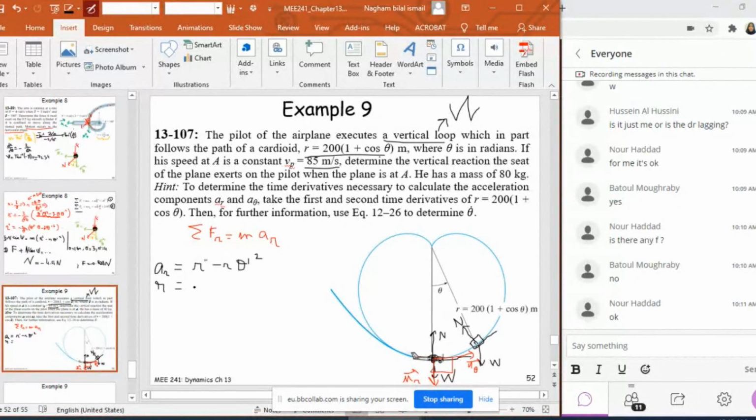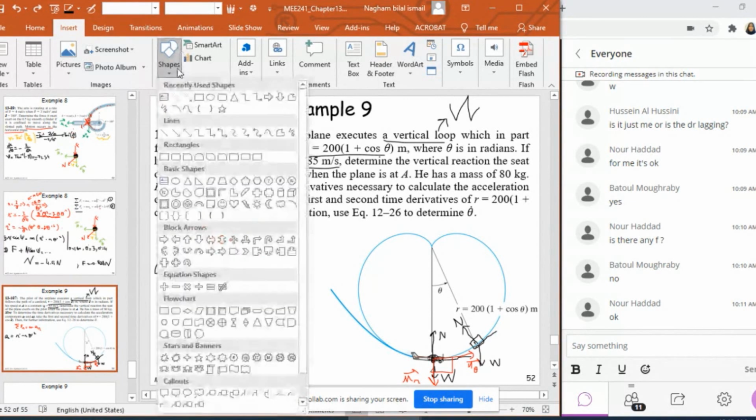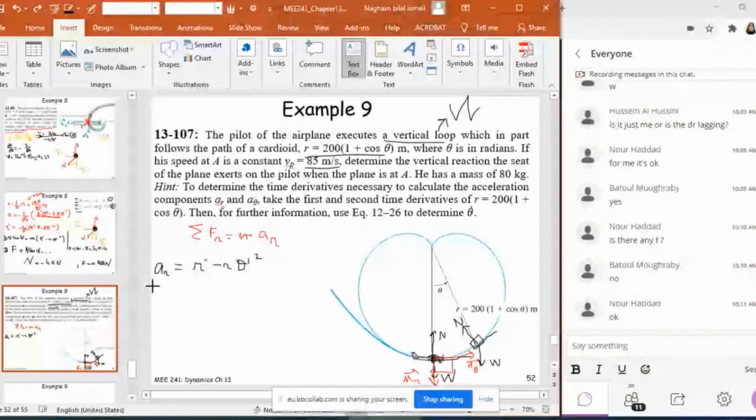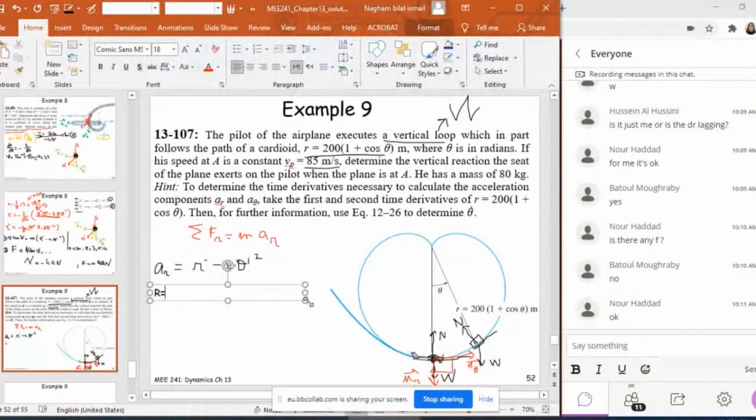Okay, let's write them. So I know that R is equal to 200 times 1 plus cosine theta, all right?